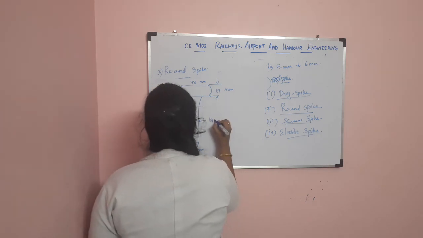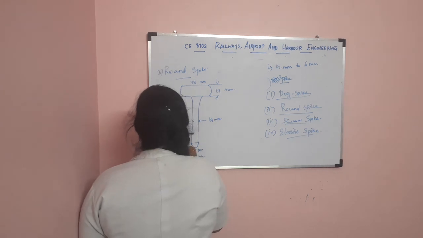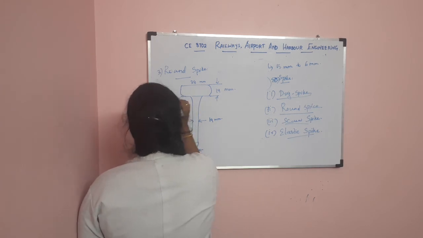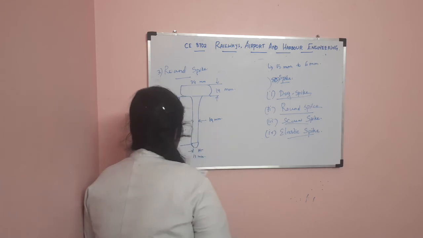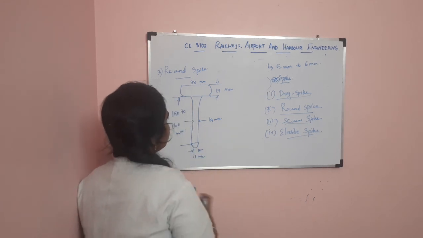This is 19 mm. This is 150 to 160 mm. So this is the diagram for round spike.